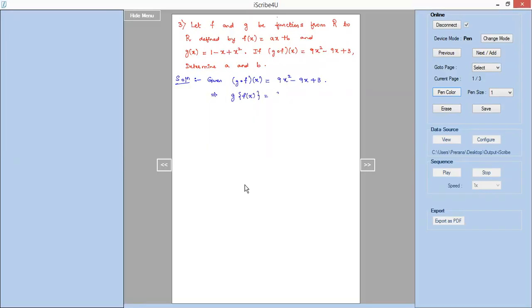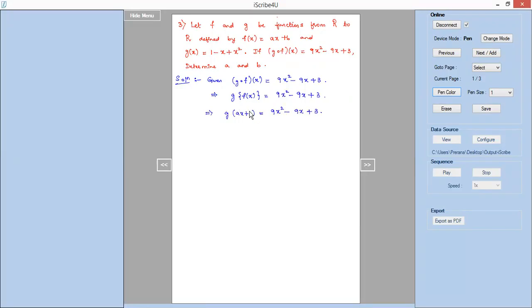So G of f of x is nothing but 9x square minus 9x plus 3. But what is f of x given? F of x is given as ax plus b. So this can be written now as G of ax plus b is equal to 9x square minus 9x plus 3.